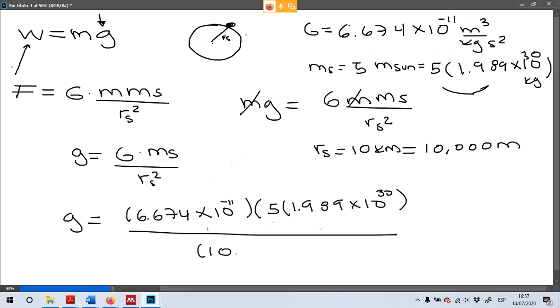Okay, so we have 10,000. And you will find that this is equal to 6.61 times 10 to the 12 meters per second squared.